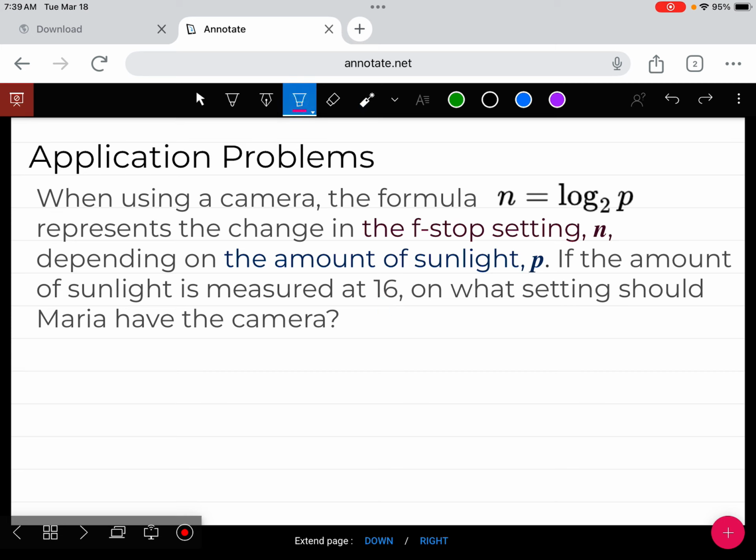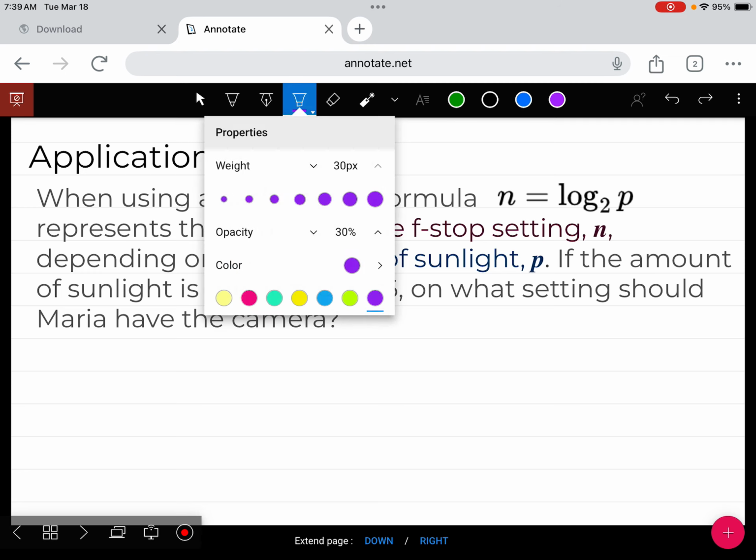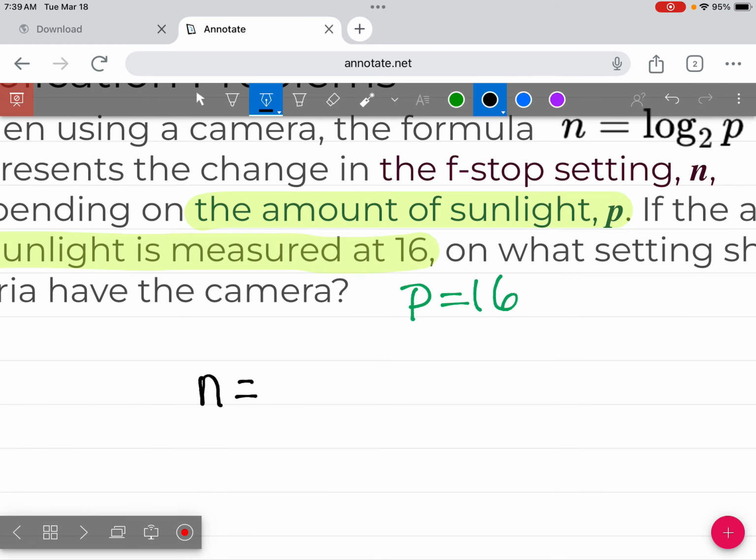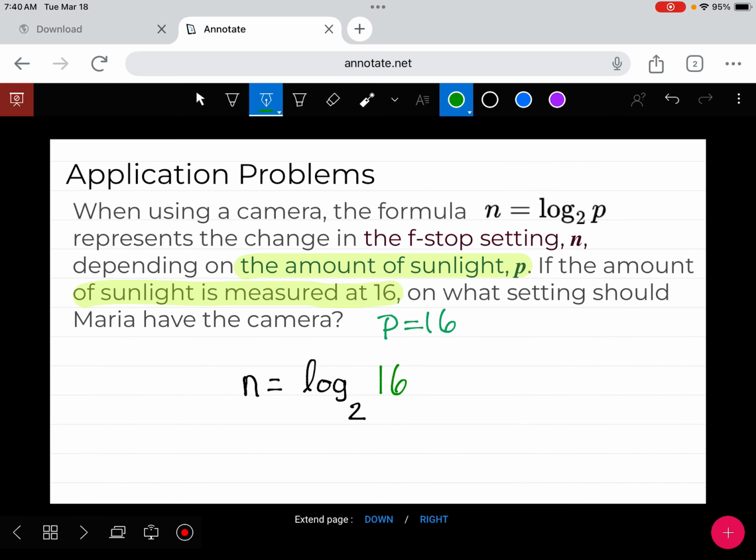P. Yeah, because the amount of sunlight is P, and the amount of sunlight measured is 16. So to me, that says that P is 16. So if I look at that formula, we're going to have N equals log base 2 of 16. So if we're trying to figure out what N is, what should we do?